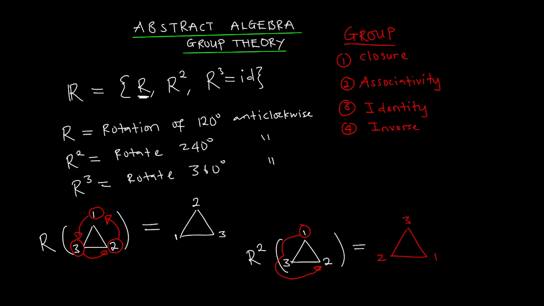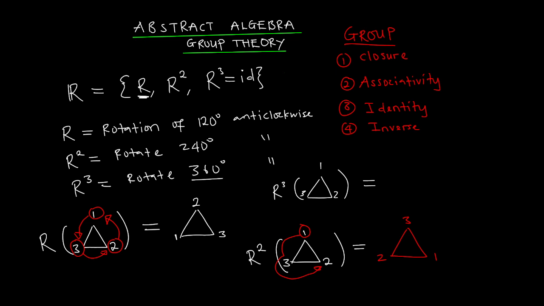And R3, let's do R3. I'm going to do R3 somewhere up here. R3 acting on the triangle. So you have 1, 3, and 2. This means rotate the triangle thrice or by 360 degrees. It means the same thing.